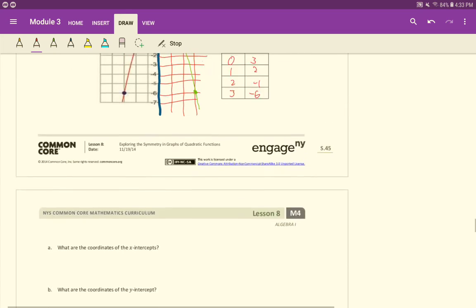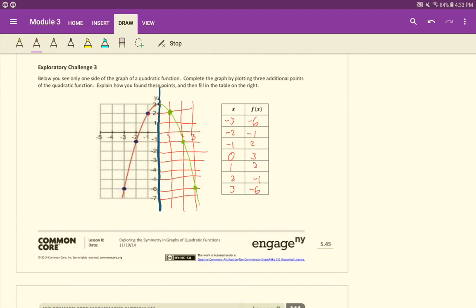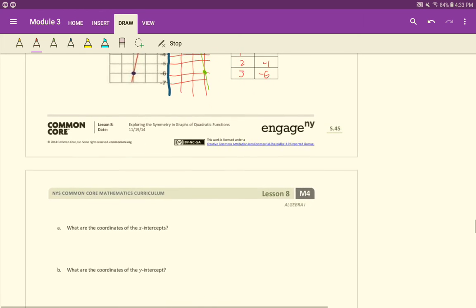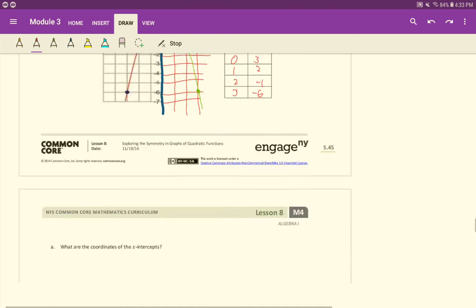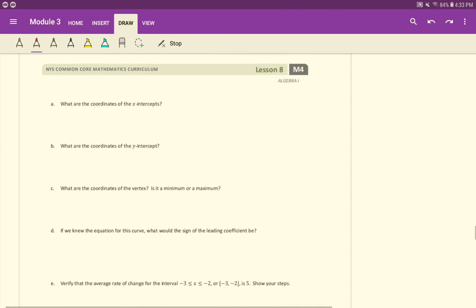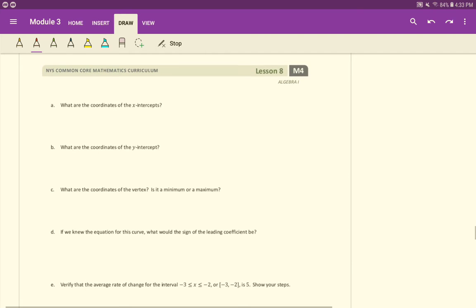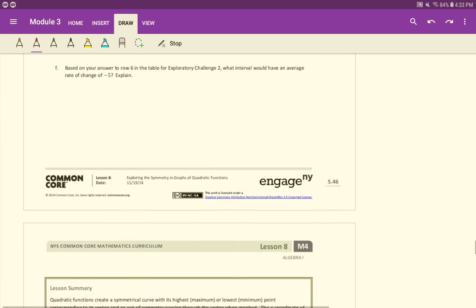What are the x-coordinates of the x-intercepts? Interesting here, right? If you look at this graph, it's not very clear what those x-coordinates are for the x-intercepts. Okay, so we'll have to come up with an equation for this, which it didn't mention before yet.